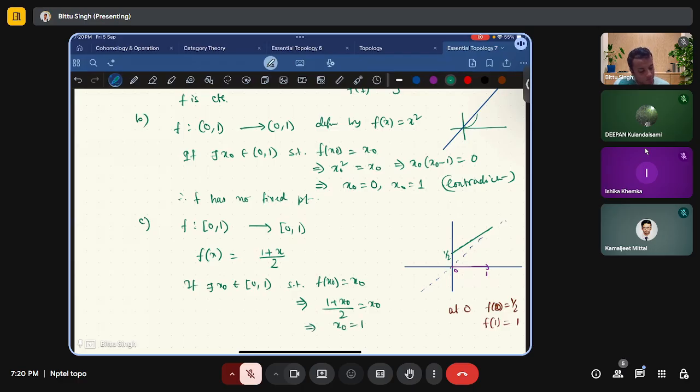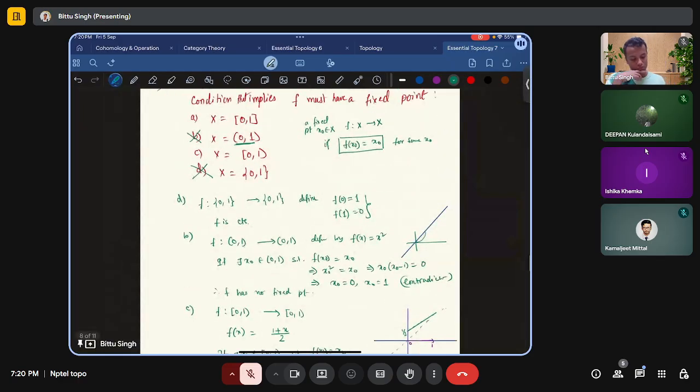But this is not possible because 1 does not belong to this interval, 1 is already excluded. So this is a contradiction. So C is also not true.